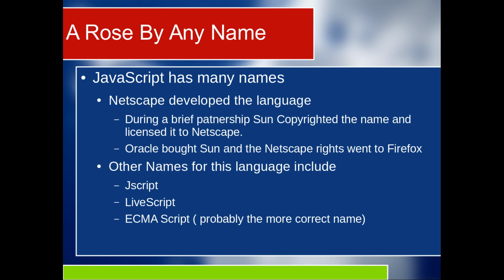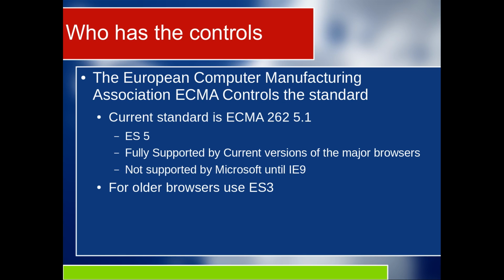So now the JavaScript name is owned by Oracle, and the JavaScript name is licensed to Firefox. Because they couldn't use that name officially, other browsers and other things gave this language other names. So you'll hear names for this language such as JScript, which is Microsoft's implementation, and LiveScript, but probably the most proper term for it is ECMAScript. That's because the European Computer Manufacturers Association defines and controls the standard.